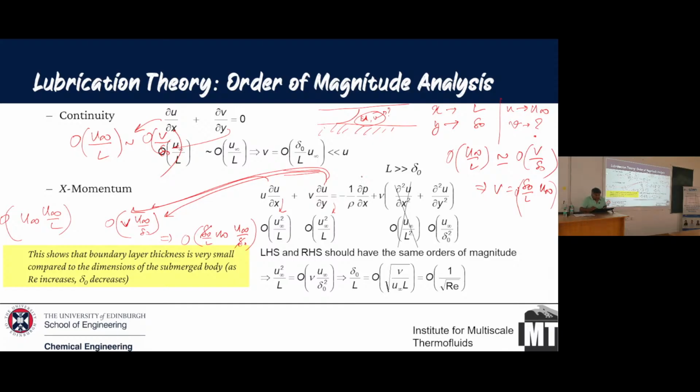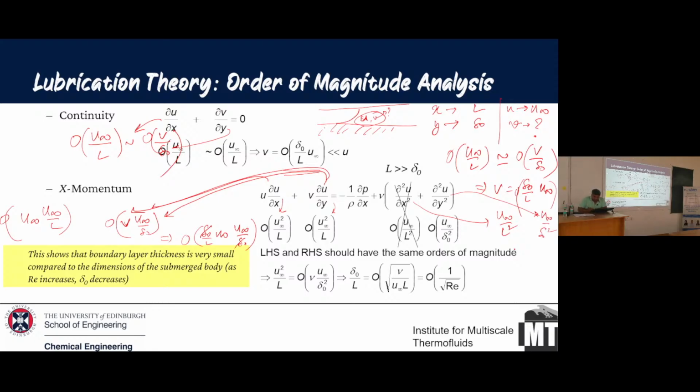Something which we can't tell is the value for pressure, so I'm just leaving it like that. But here what we are looking at is order of magnitude, so we know that the left hand side must be balanced with the right hand side. If you look at these terms again, del 2 u by del x squared is u infinity by L squared, and del 2 u by del y squared is u infinity by delta naught squared.